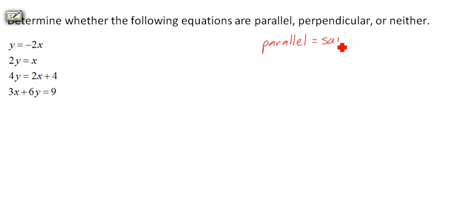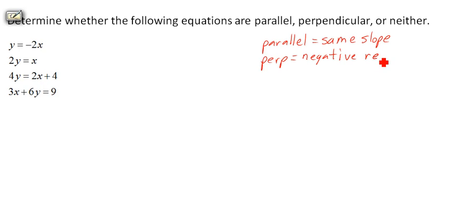Okay? See if you can remember what perpendicular lines will have. Hopefully you said that they need to be negative reciprocals.